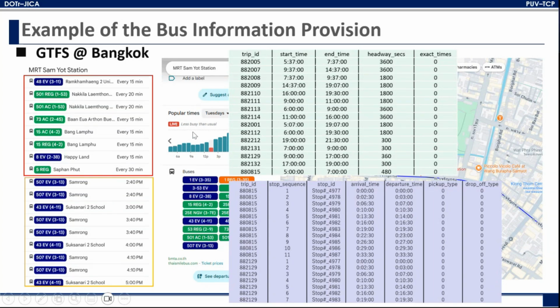But one of the important items is that the bus transport operators really operate as mentioned in the GTFS. This is also very critical to secure the reliability of public transport service in the cities.